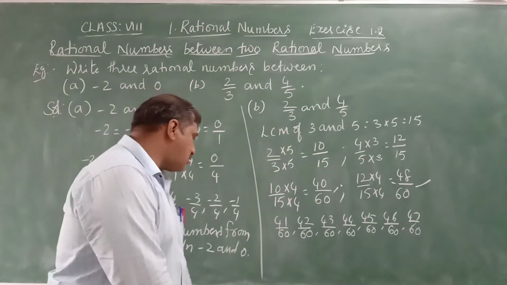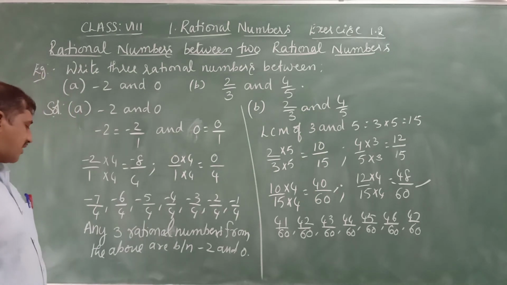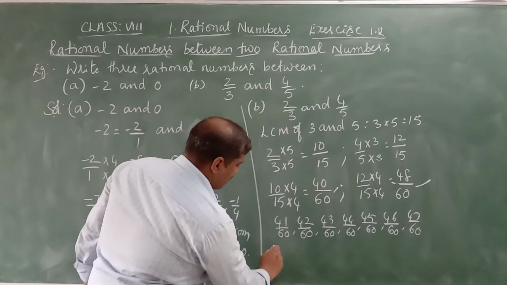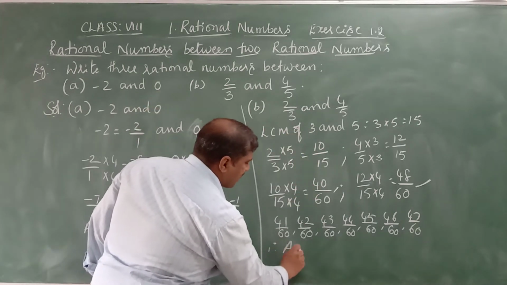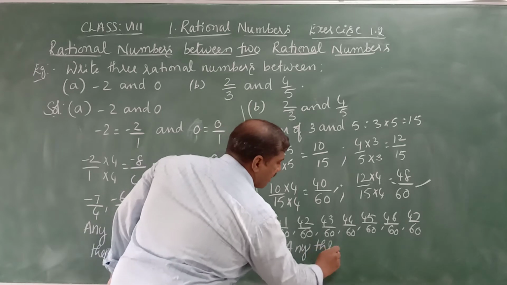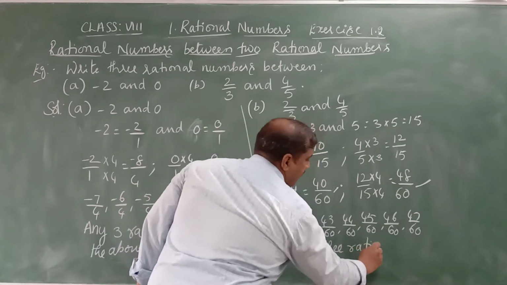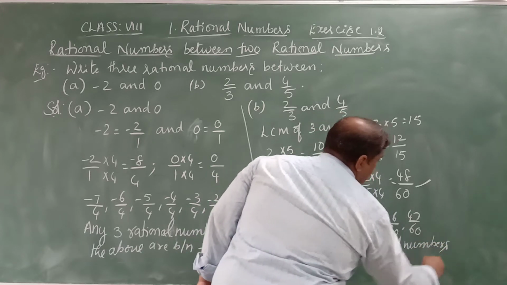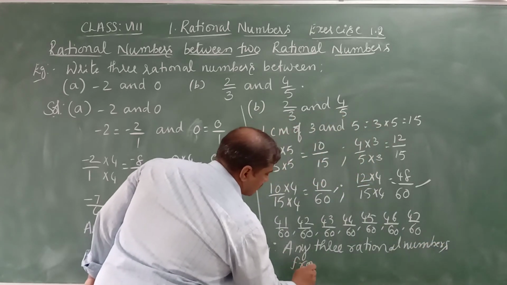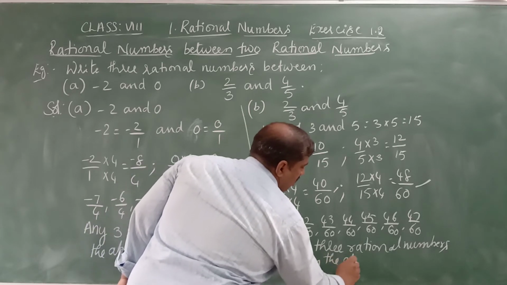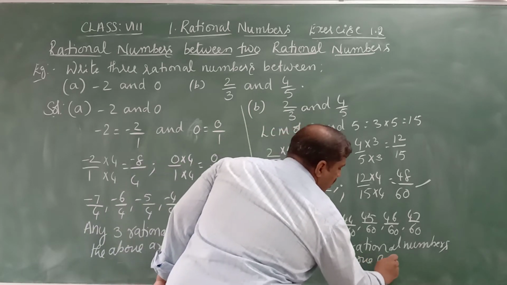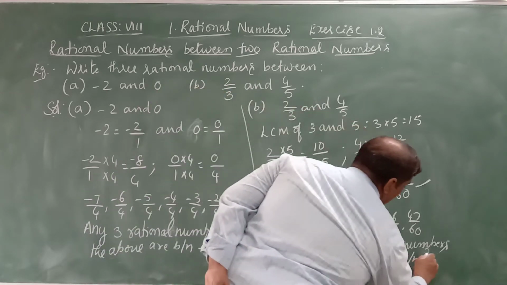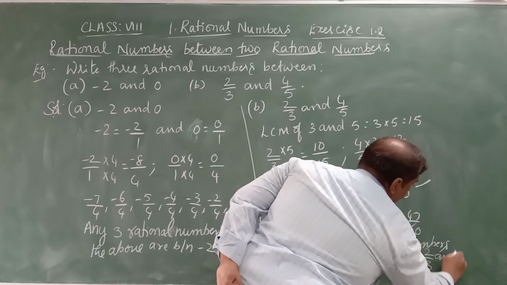Out of these 7 rational numbers, you consider any 3 rational numbers from the above, between 2 by 3 and 4 by 5.